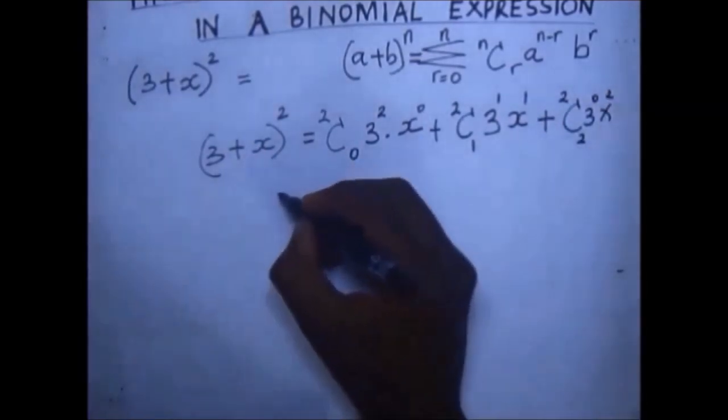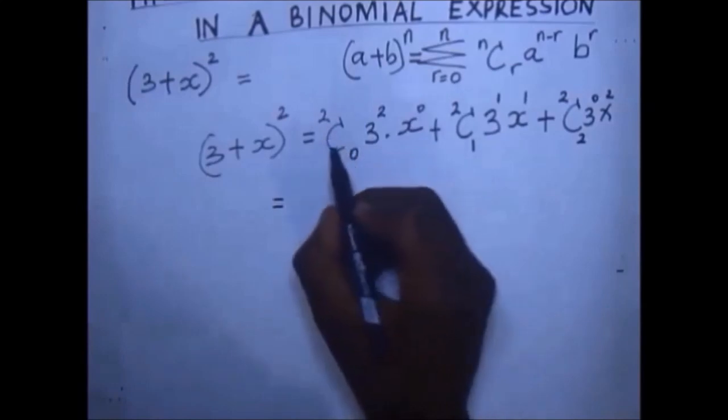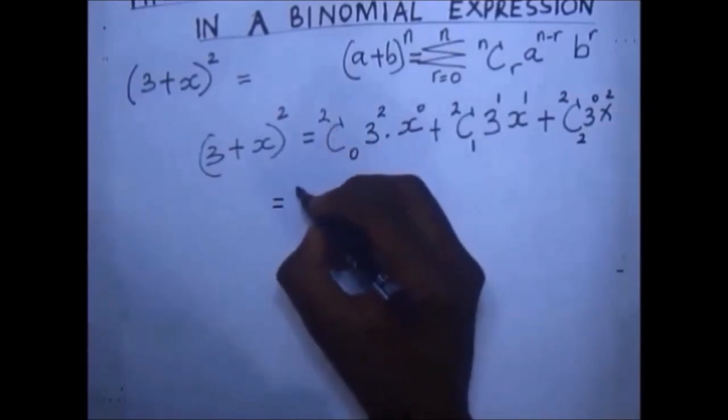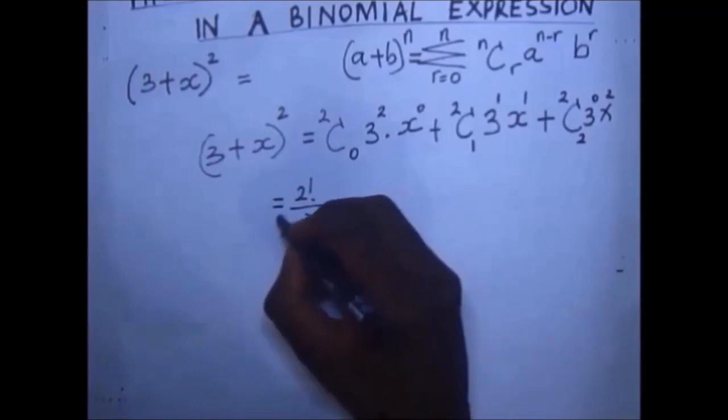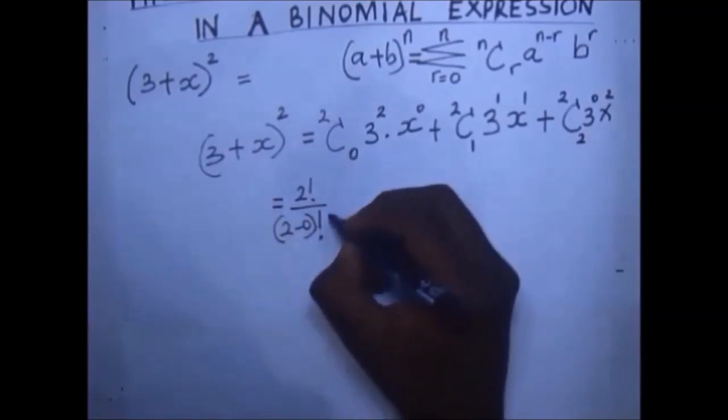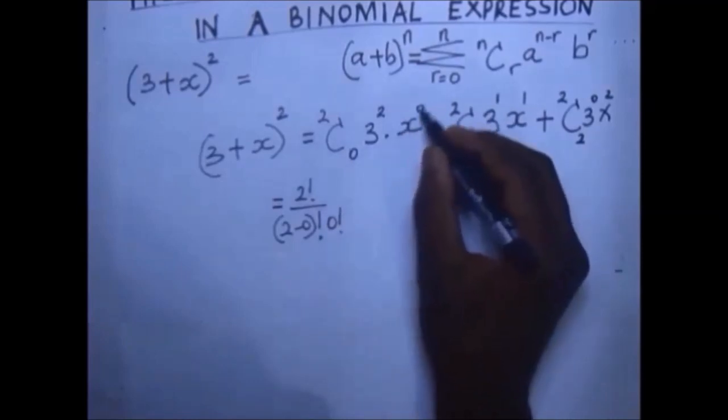So now here our expansion is going to become: 2 combination 0 is the same as 2 factorial over 2 minus 0 factorial times 0 factorial, that is times x to the power 0.